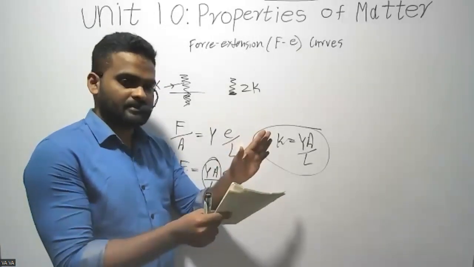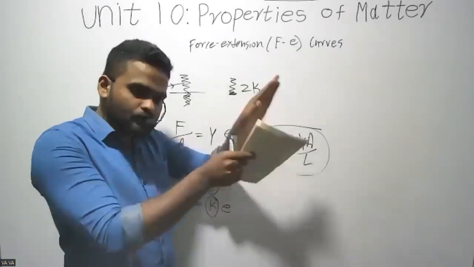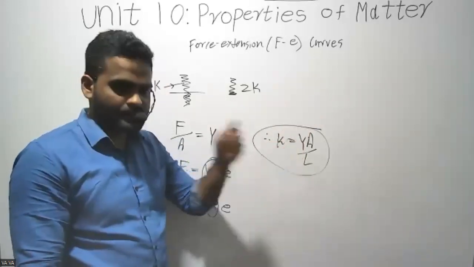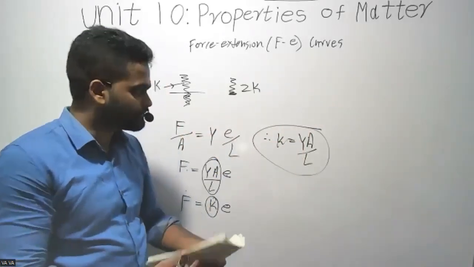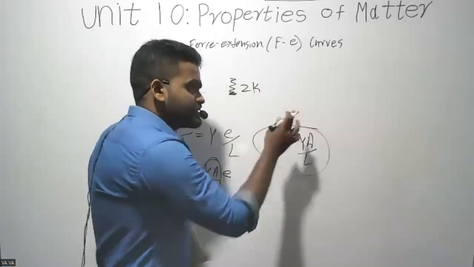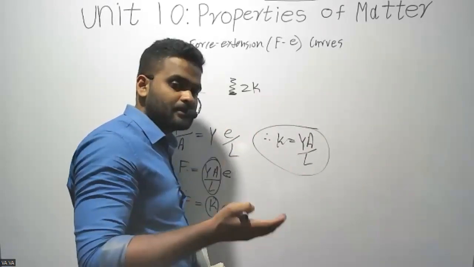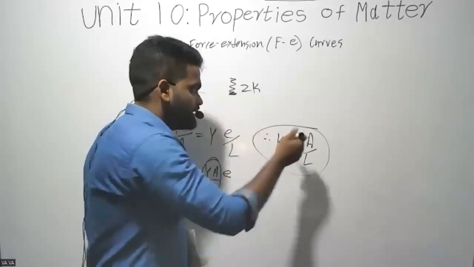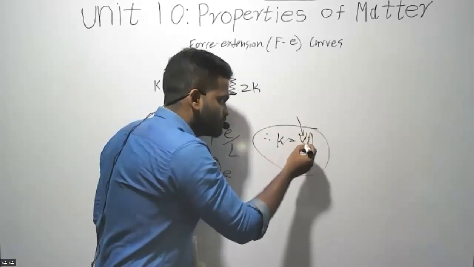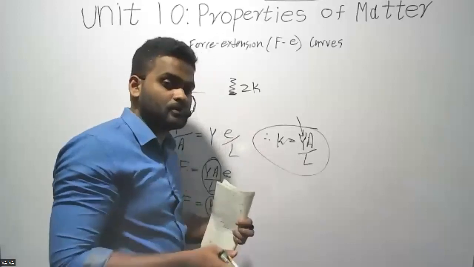Let's say you got two wires made of the same material. Let's say copper. You have two wires made of copper, meaning Young's modulus is the same for both.